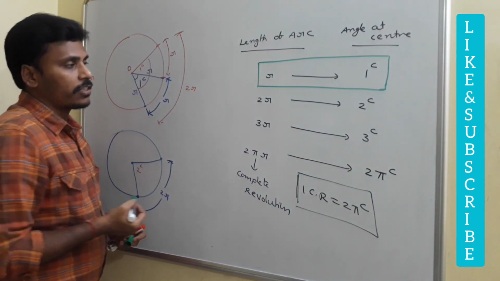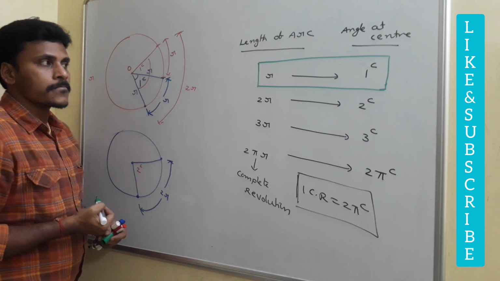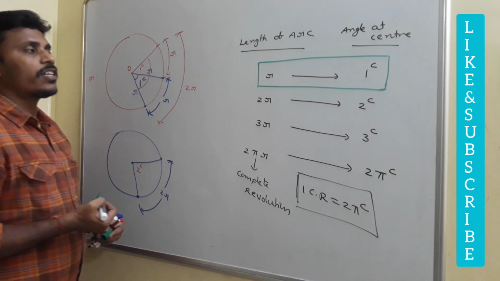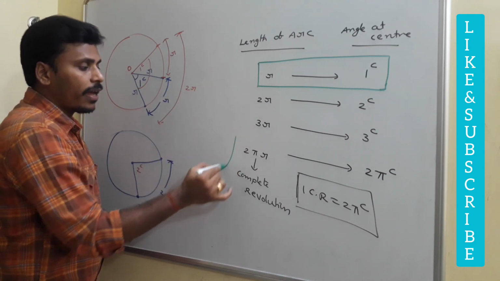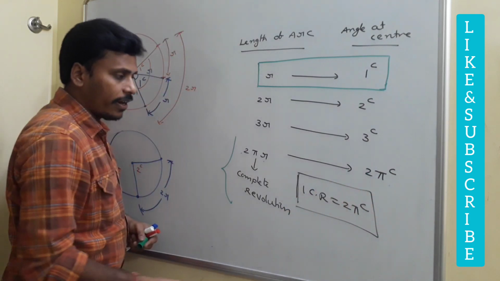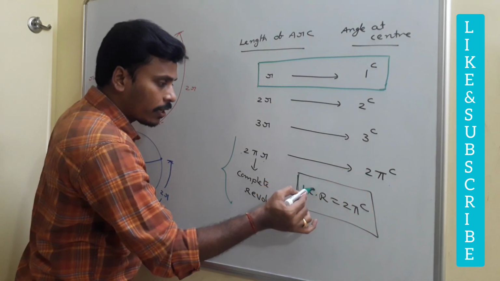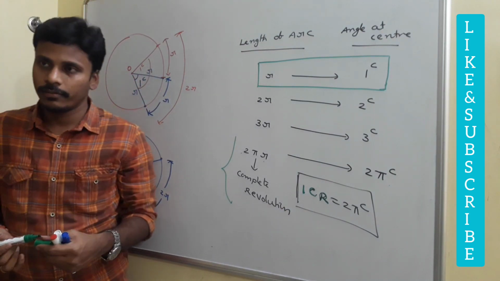With that basic definition, we extended everything. If the length of the arc is 2 pi r, then the angle at the center is 2 pi radians, and from there we conclude that one complete revolution is equal to 2 pi radians, right?